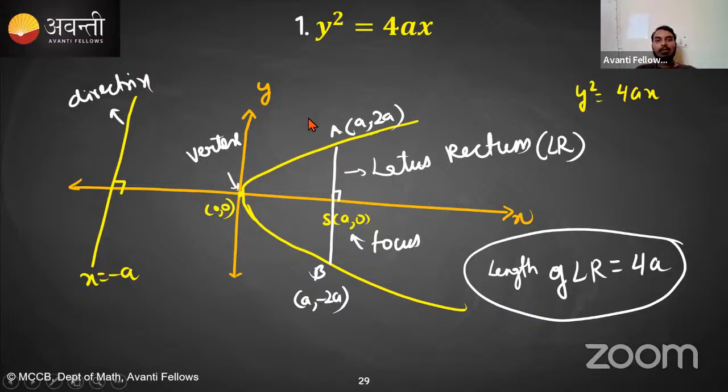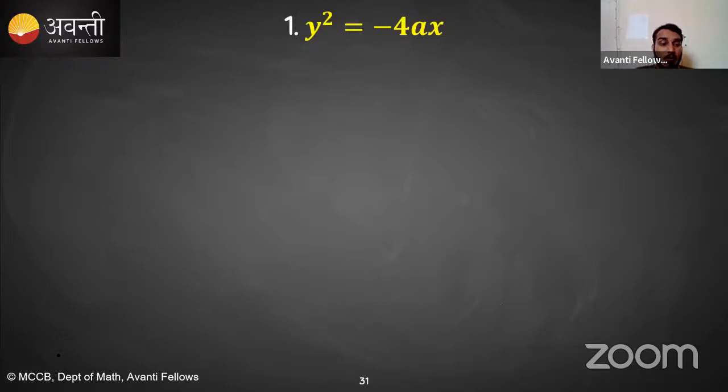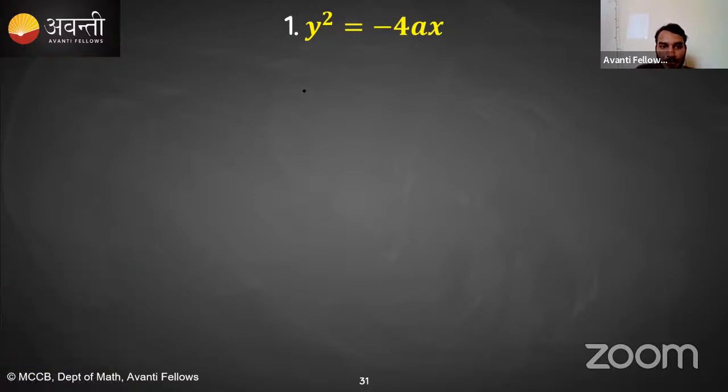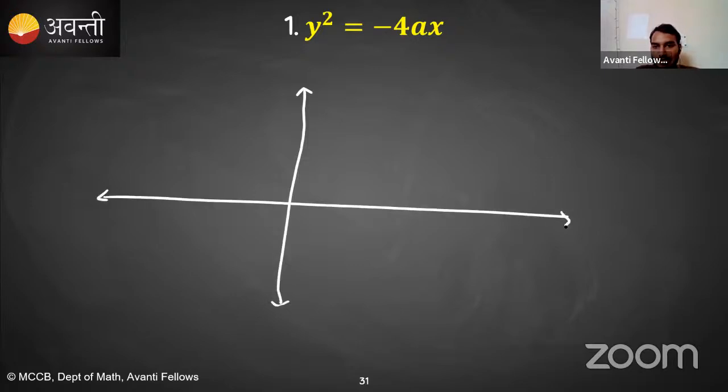Now the second parabola is y square equal to minus 4ax. Let us see how this will come. This is the x axis, this is the y axis. Now where is the square? Y square equal to minus 4ax. Square is on y, so the axis will be of x, so x axis.